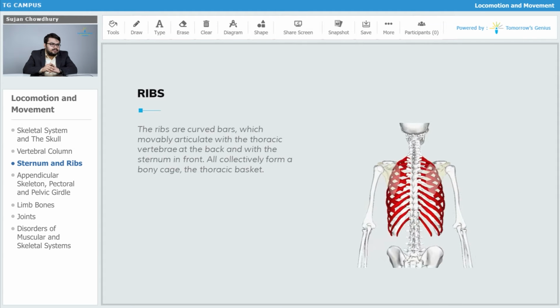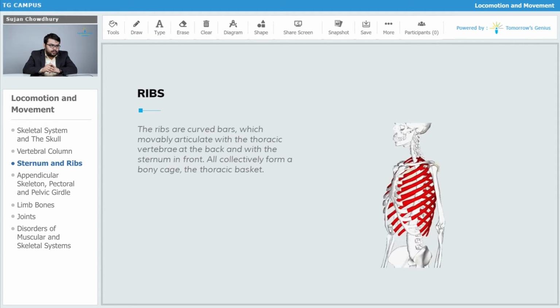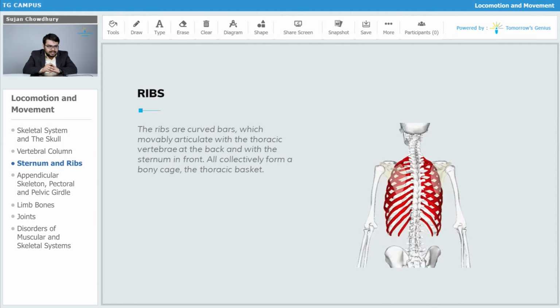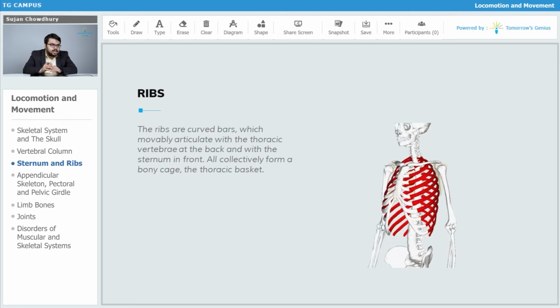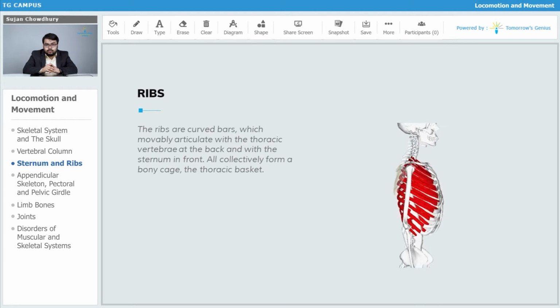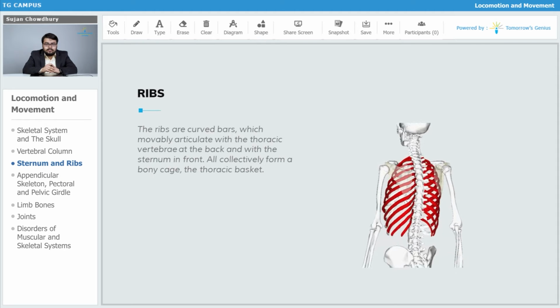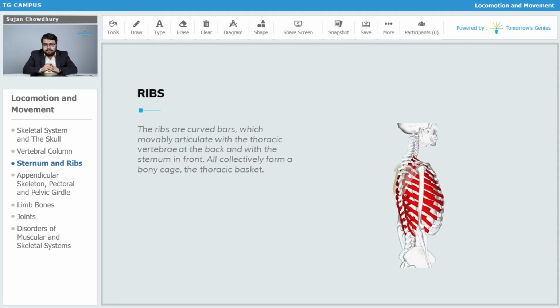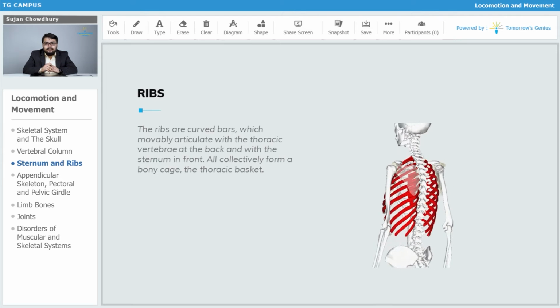The ribs are curved bar-like structures which movably articulate with the thoracic vertebrae at the back and with the sternum in front.